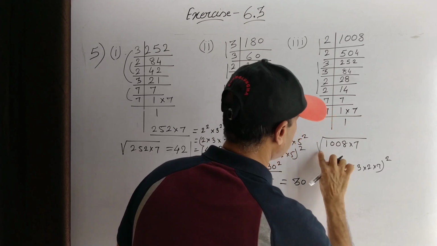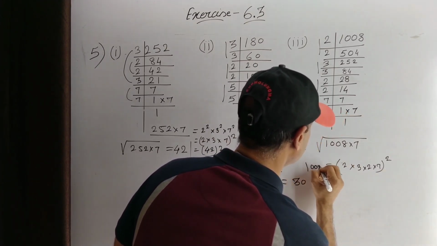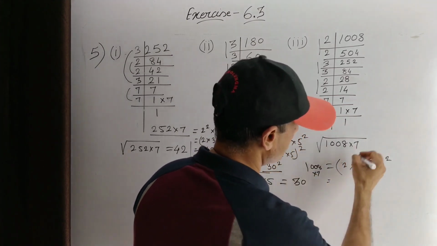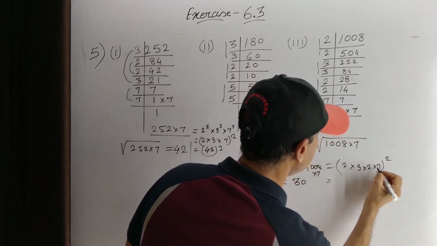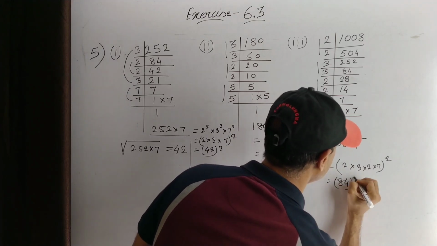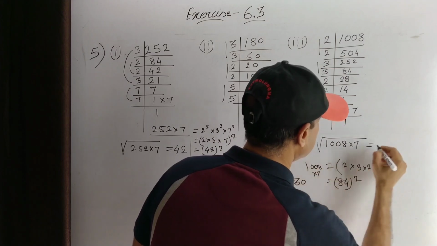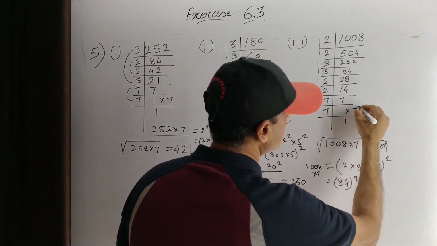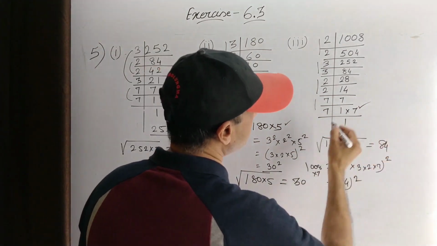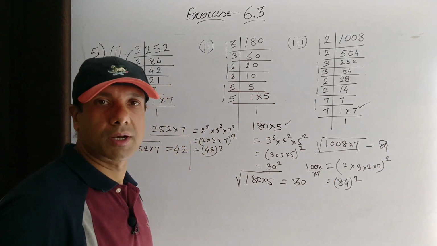Okay, and we obtain this 6 into 2, 12, 12 sevens are 84 whole square. So root of this is equal to 84. Clear? So if we multiply this number with 7, we'll get a perfect square number. Square root of that number will be 84. Clear?